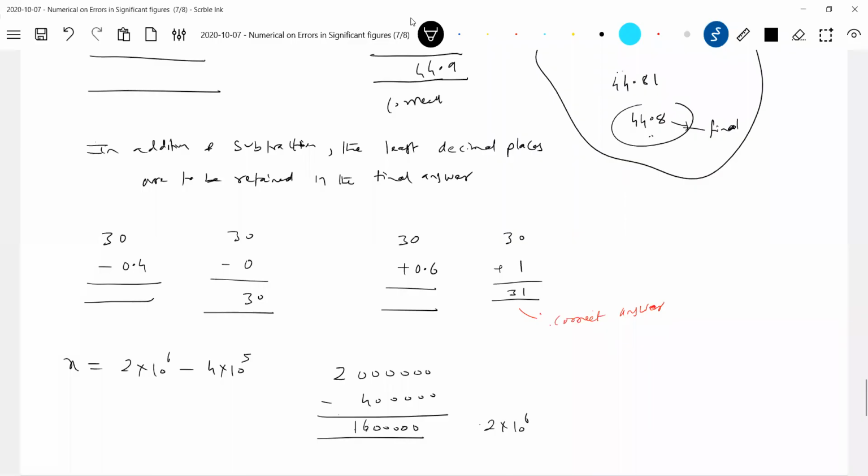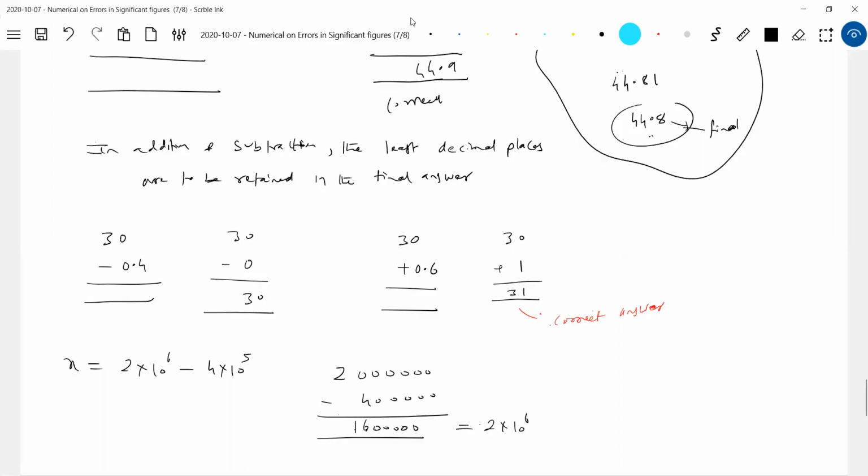So we'll end up here. So what is this? 2 into 10 to the power of 6. You are subtracting, and finally you are writing this one.